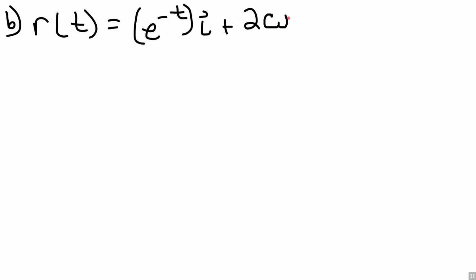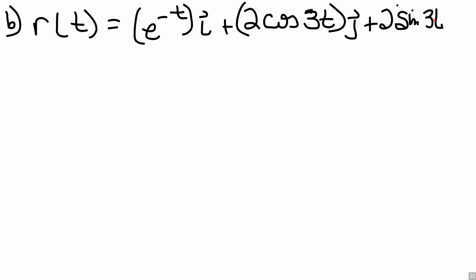So our second example, same directions. We're given that the position vector is e to the negative t in the i direction, plus 2 times the cosine of 3t in the j direction, plus 2 times the sine of 3t in the k direction, and we're told that t is equal to 0.